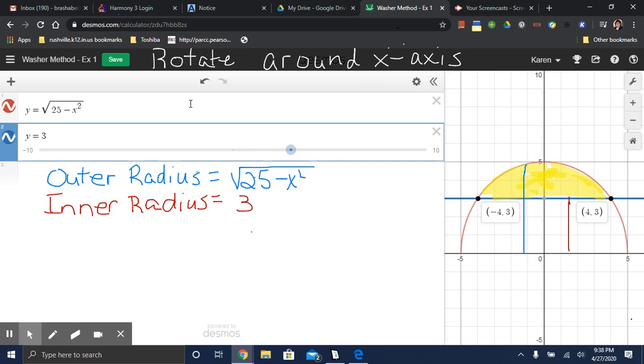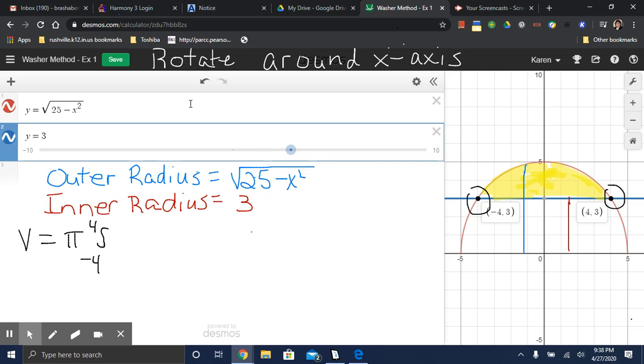Now, something that you have to be careful about as you set up your volume equation, we're doing the volume by doing pi r squared h again, but doing that with integration. So pi, this time we're going to take the two radius values and subtract them. The other thing you have to be careful about is noting those points of intersection. So the x values would go from -4 to +4.